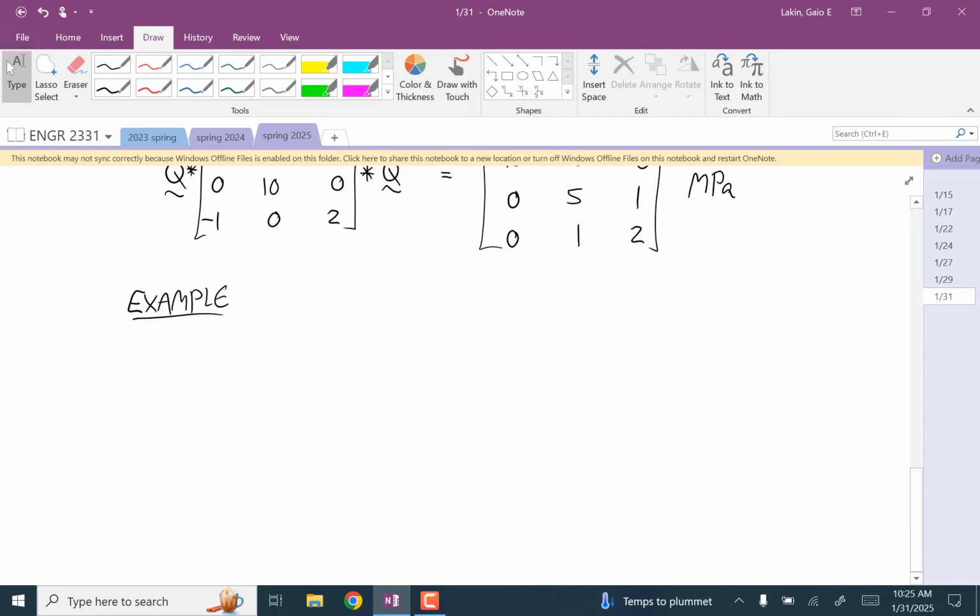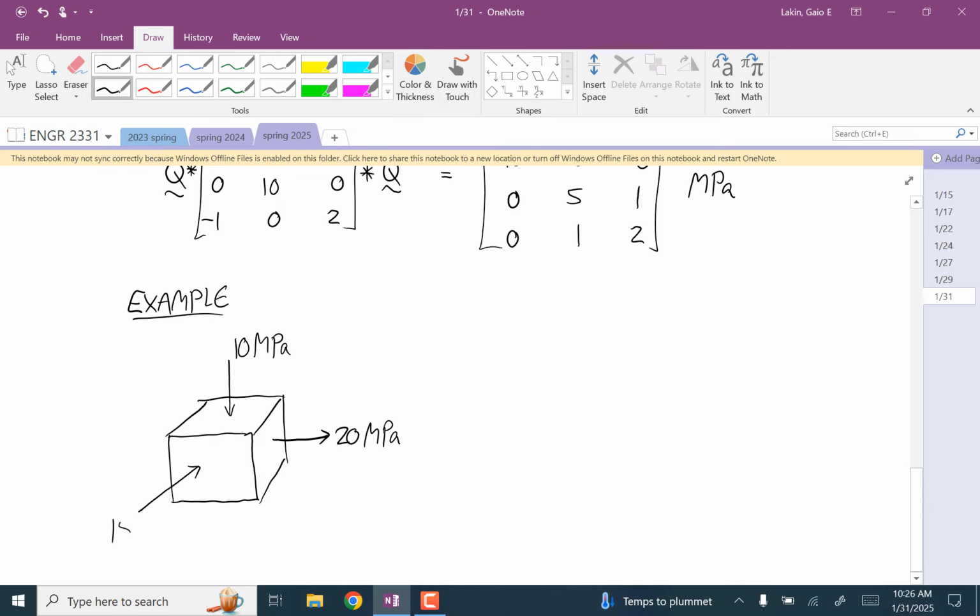We're going to start with a state of stress that's all normal stresses. Let's say that there's 20 megapascals there, 10 here, and 15 here.